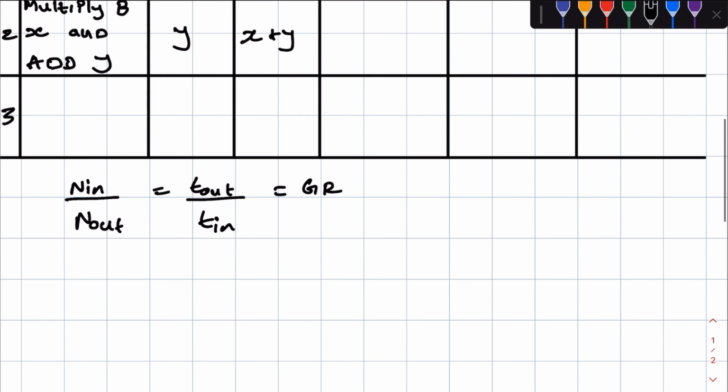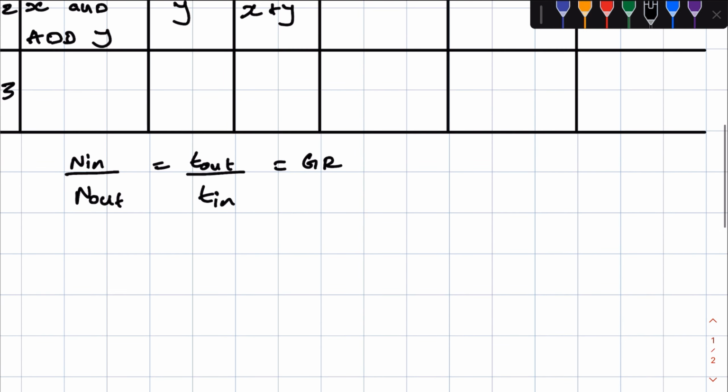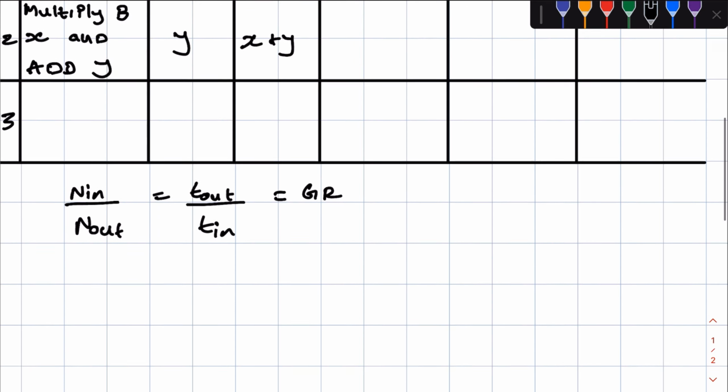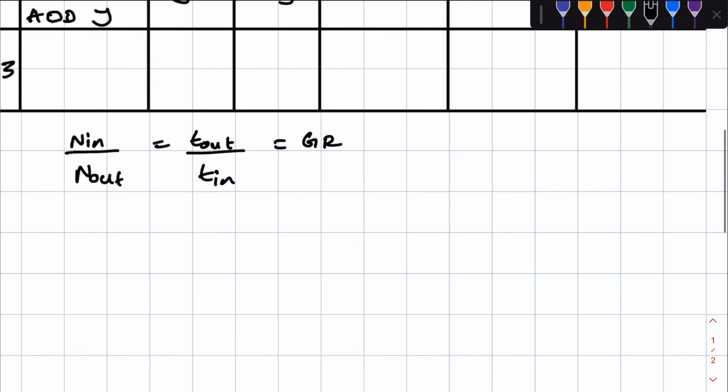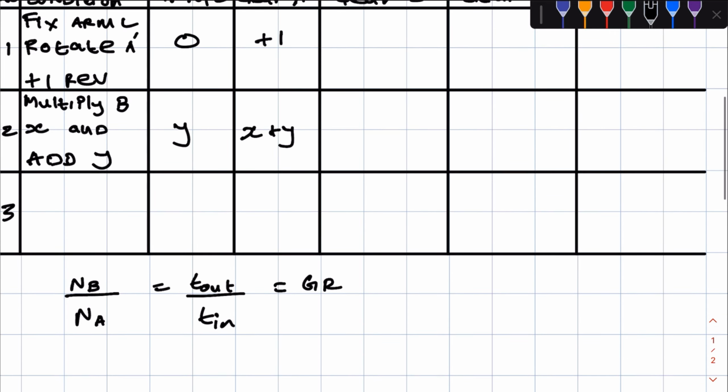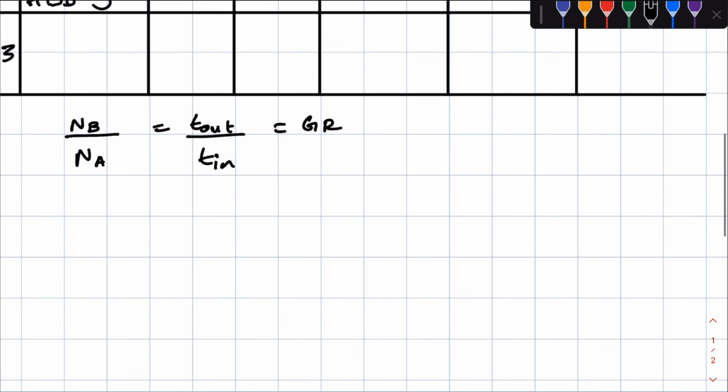Like I said, the annulus we treat as our output gear. Meaning, for gear B, since we are treating the annulus gear as the output, gear B in this case would be our input gear. Gear B being the input, we'll have gear B here, and then the analyst gear, which we treat as our output gear.